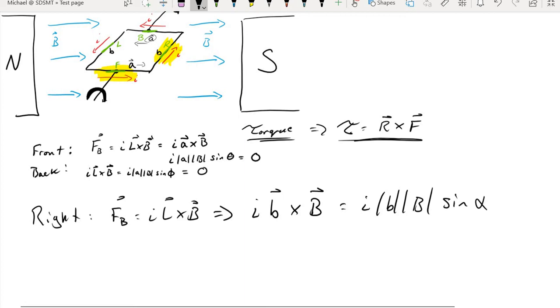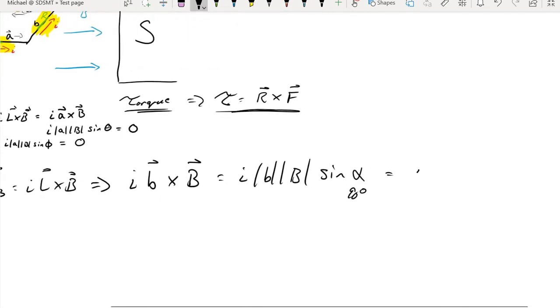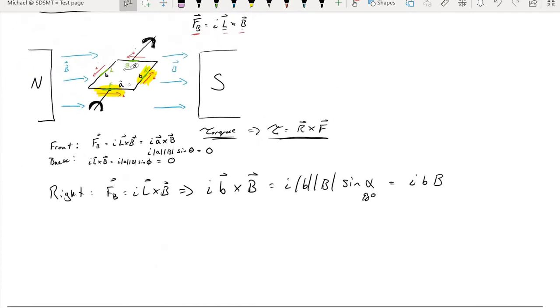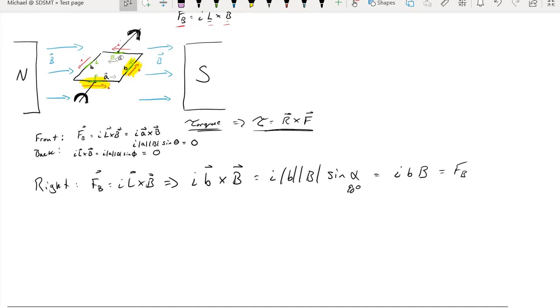That should be a 90-degree angle between the two. Sine of 90 is 1. And so we have I little b, big B. And that is the magnitude of the magnetic force that is acting on the right-hand leg of the loop.